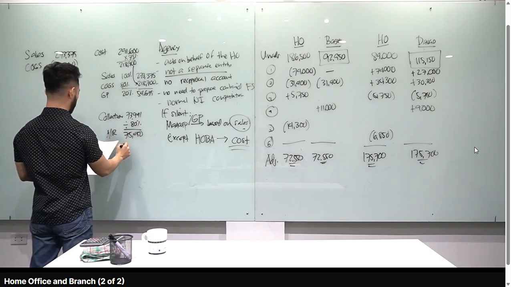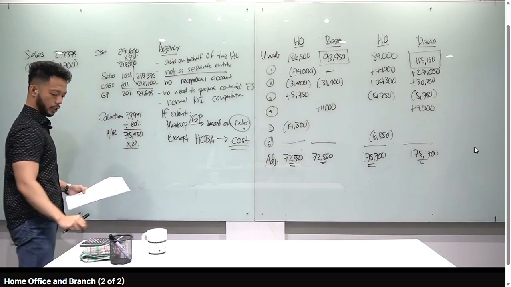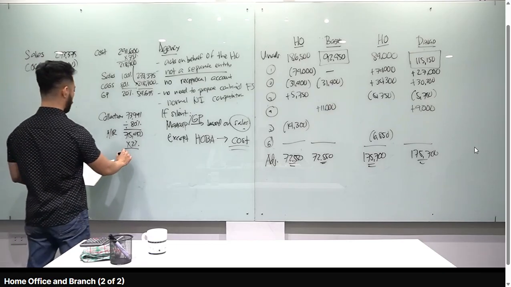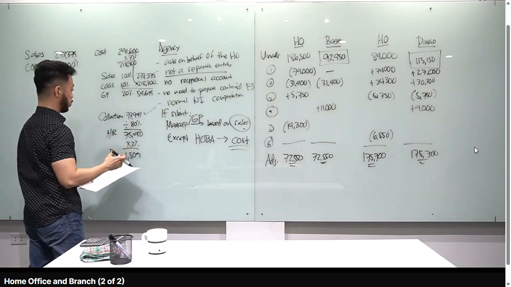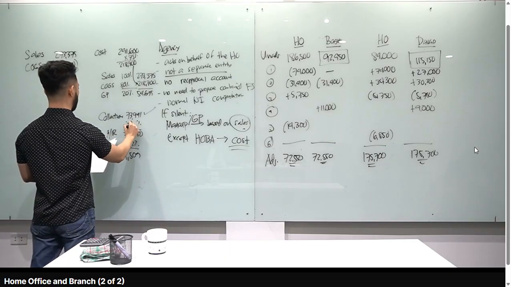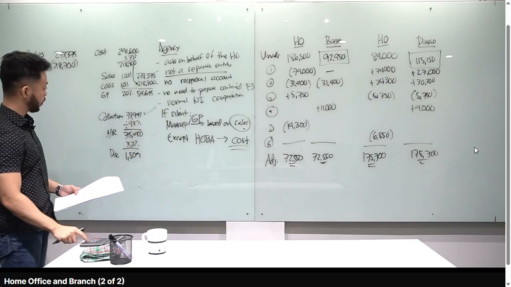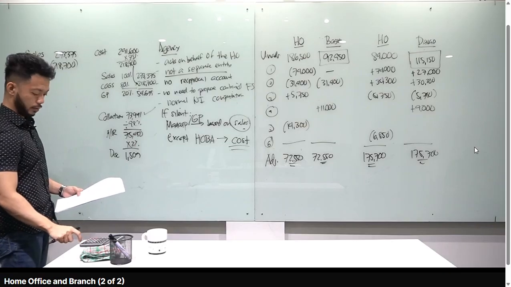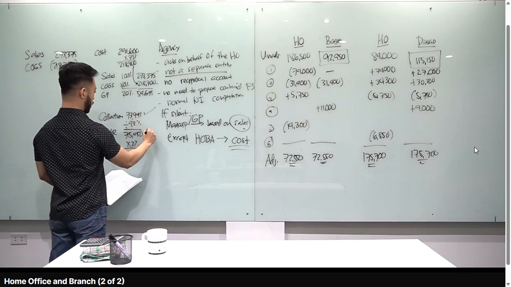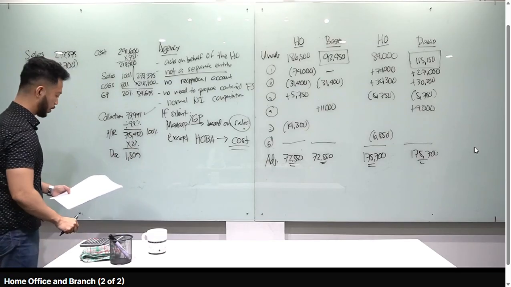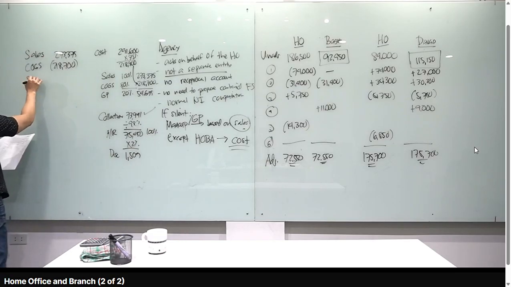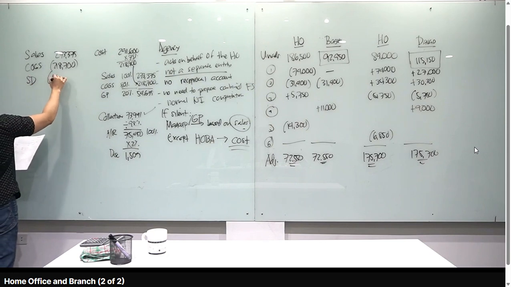Multiply natin by 2%, sales discount natin is 1,509. Alam natin, class, yung sales discount, makaka-decrease yan ng net income.